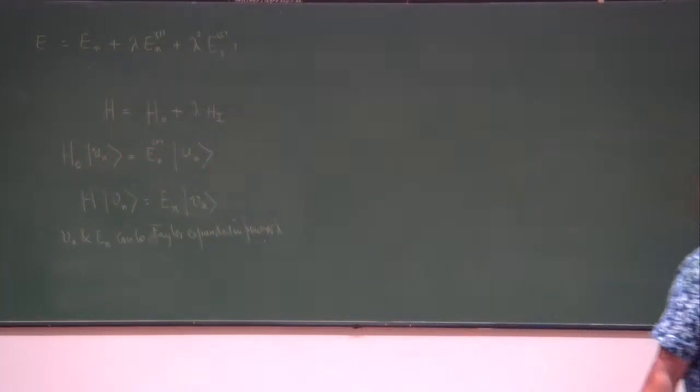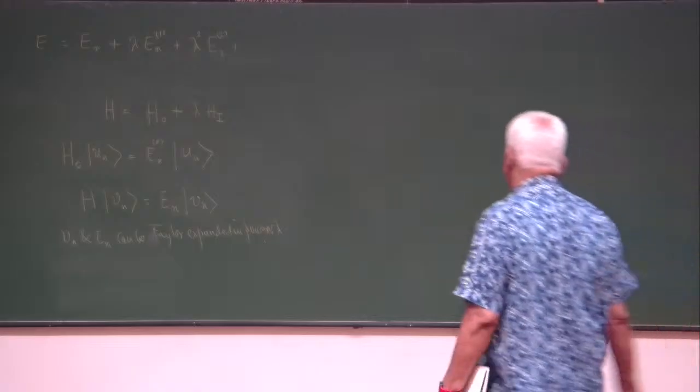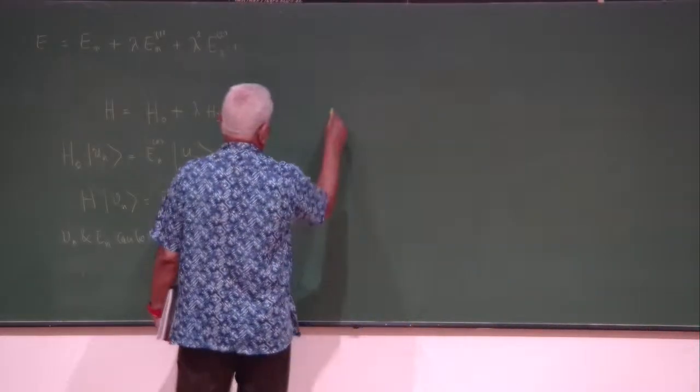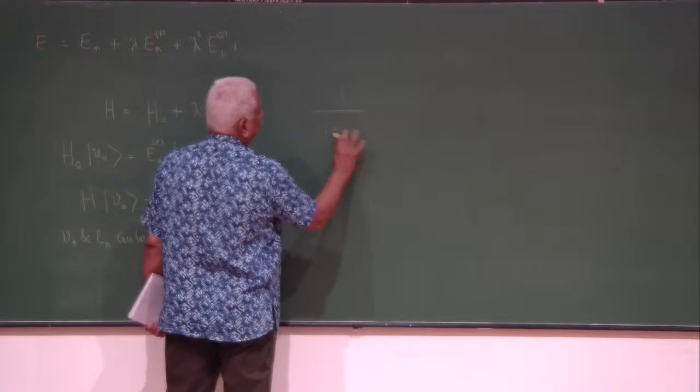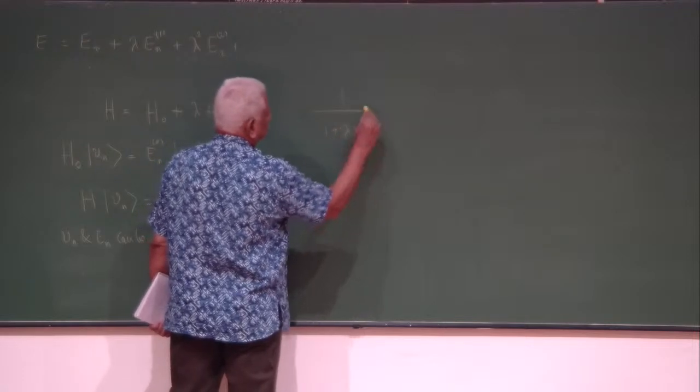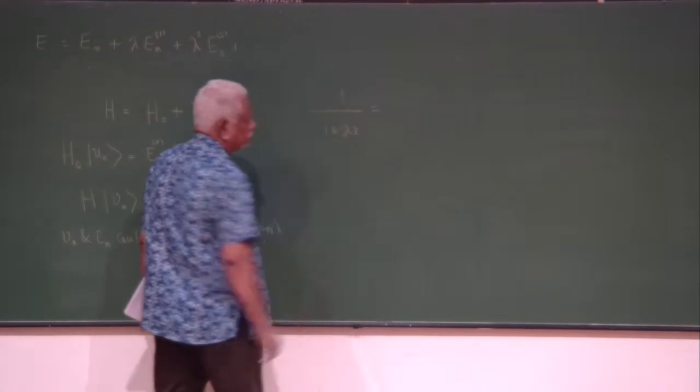Which means that the infinite series which I am going to write down will be convergent. You know about convergent series? You can sum over. For example, you can find 1 by 1 minus lambda x.